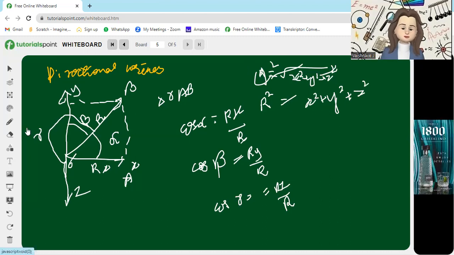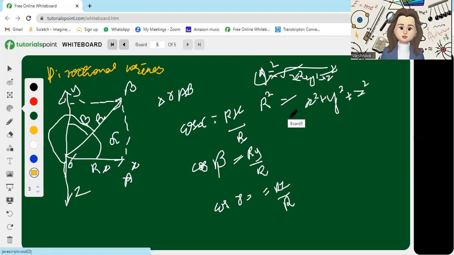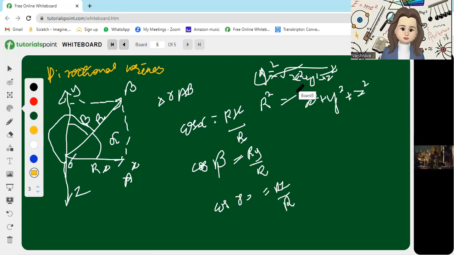Now what you will do is the same. After you get this value, you'll square, I mean, we squared here. After squaring, we'll add all the three values of cos.